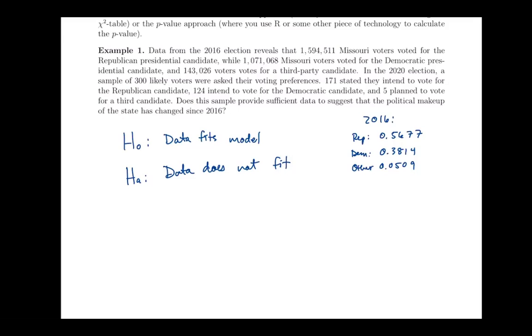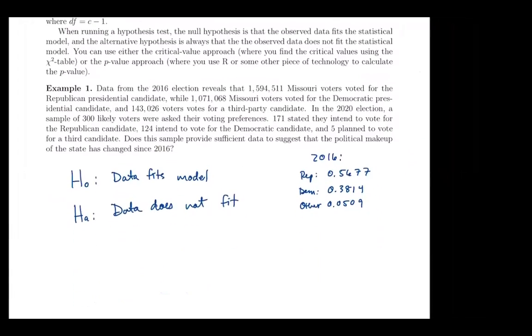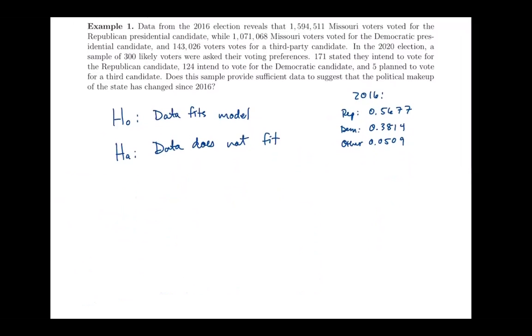We're going to use these relative frequencies to come up with what we expect to happen in 2020 using the 2016 model, and then compare it to our sample and see if anything has changed. So our expectations, for Republican, Democrat, and other, are these values times the sample of 300.